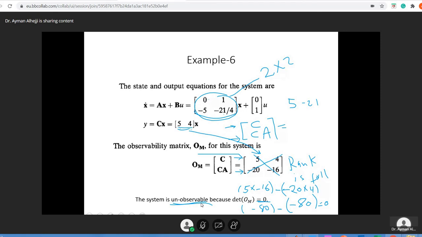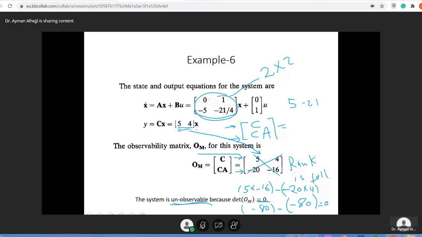We don't have to design an observer because the system is unobservable. Even if you have this output with 2 elements, this output can show x1 and x2, but you cannot measure them because the system is unobservable.